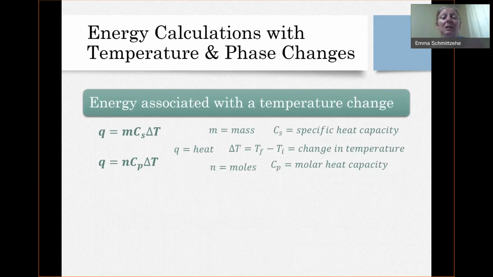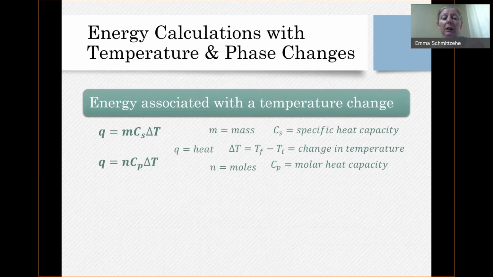So instead of a specific heat capacity, which is on a per gram basis, a molar heat capacity is on a per mole basis. So you would multiply by moles instead, but the rest of the equation is the same. And so you can quantify the heat associated with any temperature change if you know how much sample you have and the heat capacity of that sample.